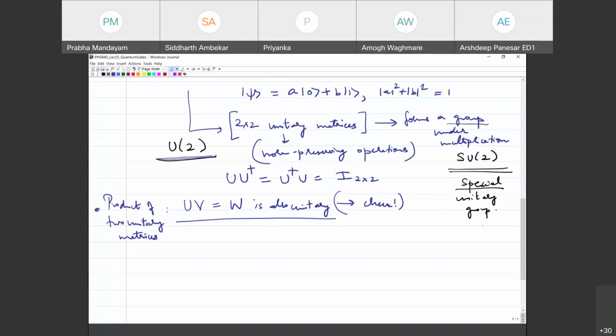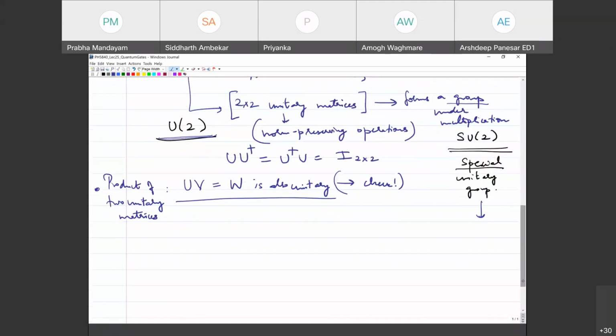So we say U is an element of the special unitary group if the determinant of U is 1, right? So without loss of generality, we can actually stick to just SU2 instead of U2. Okay.